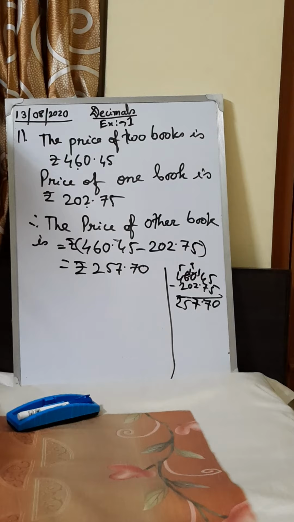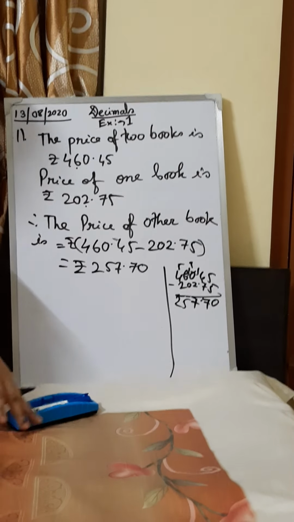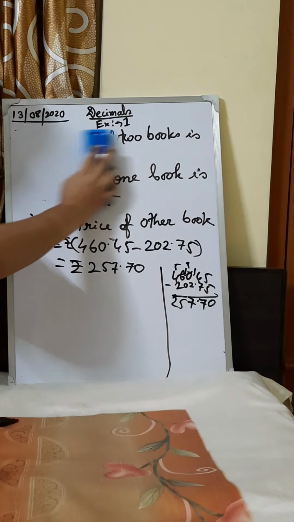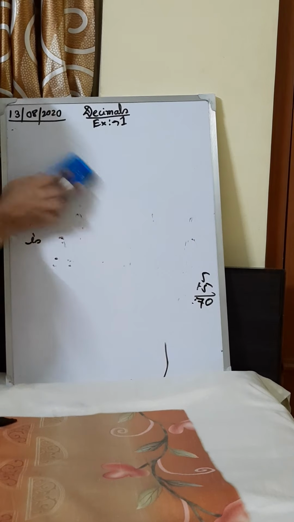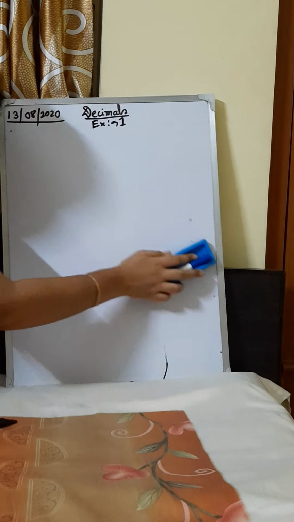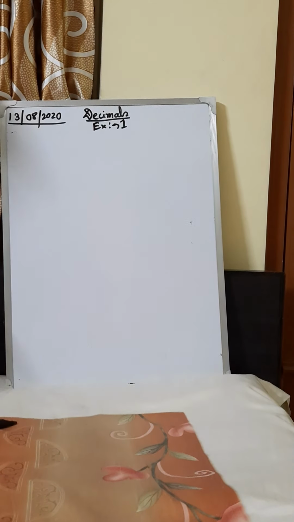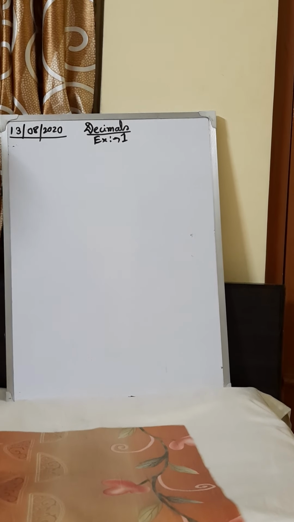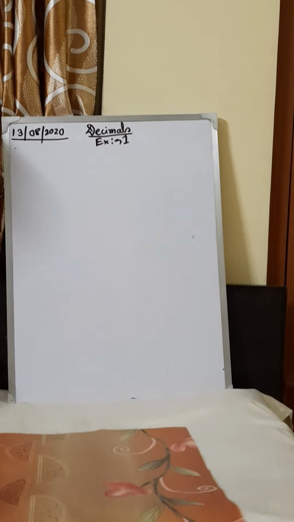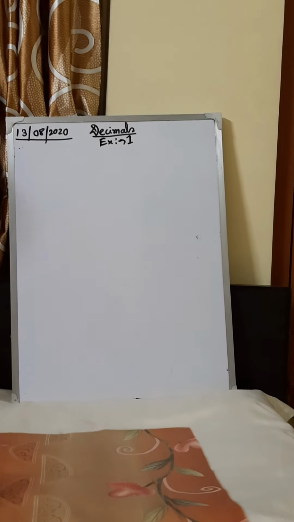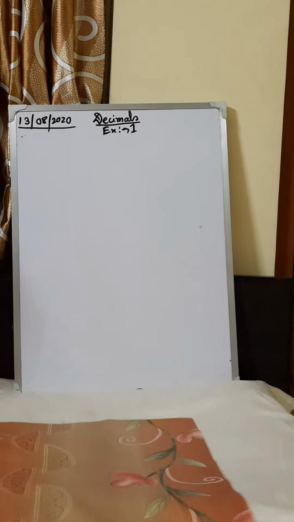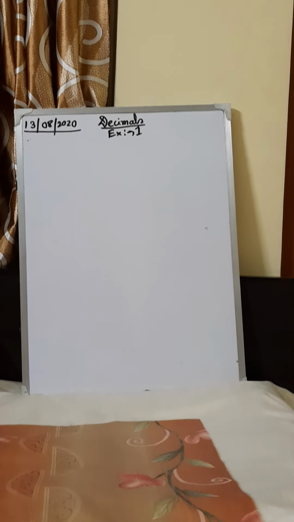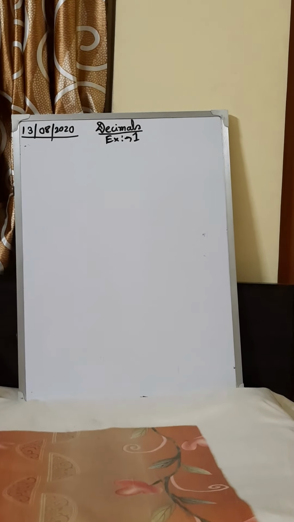Okay. See, question number 14 is given. A car is moving at uniform speed. It covers 168.35 km in 3.7 hours. So how much does it cover in 1 hour?